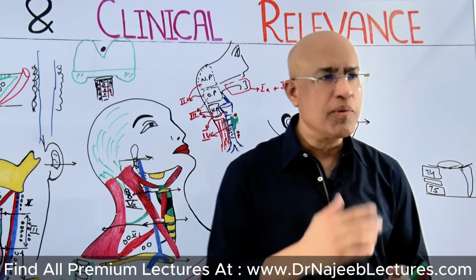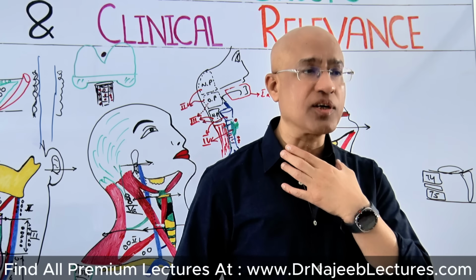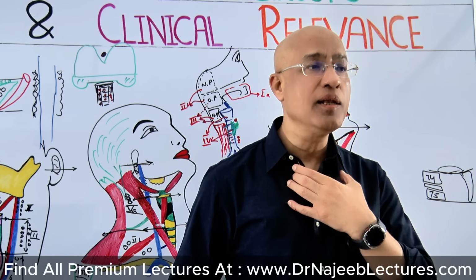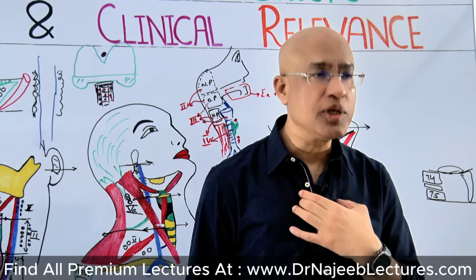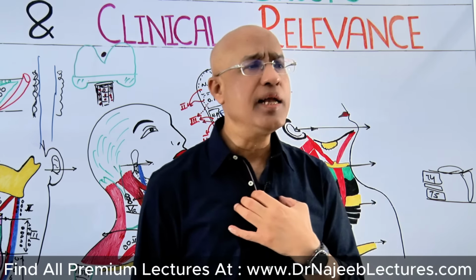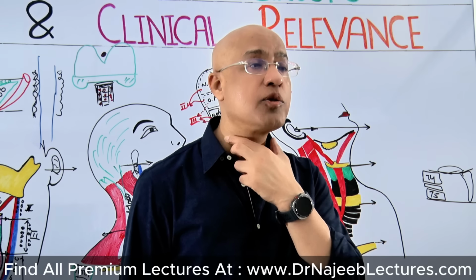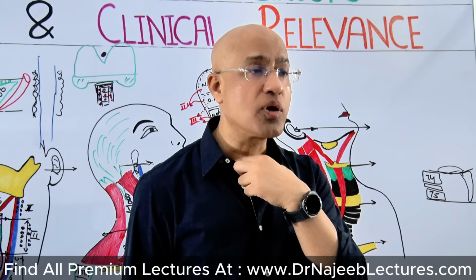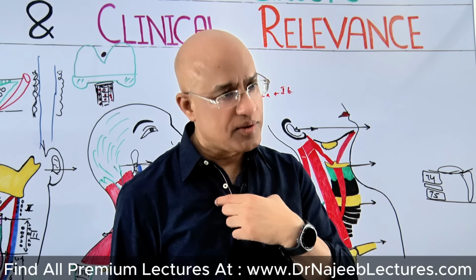Because embryologically these lymph nodes migrated from the upper part of the lower neck downward. Secondly, lymph from neck structures can drain beyond many lymph nodes up to the superior mediastinal lymph nodes, especially with very aggressive cancers of the neck, like highly anaplastic cancer of the thyroid. It will not only spread to the central lymph nodes, or to levels 2, 3 or 4, it can also go to level 7.